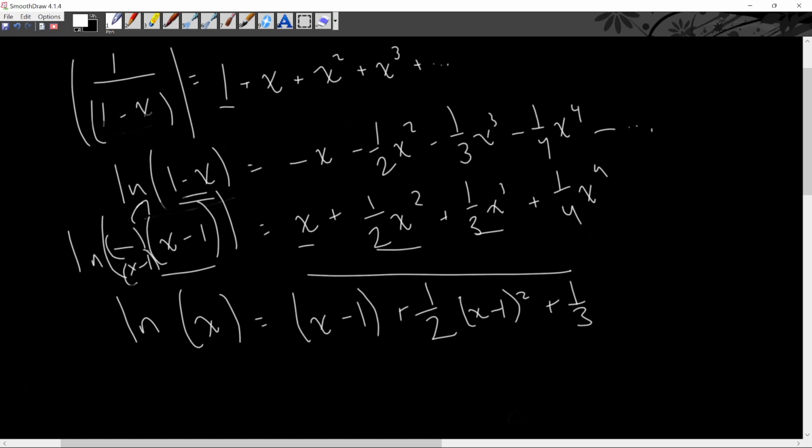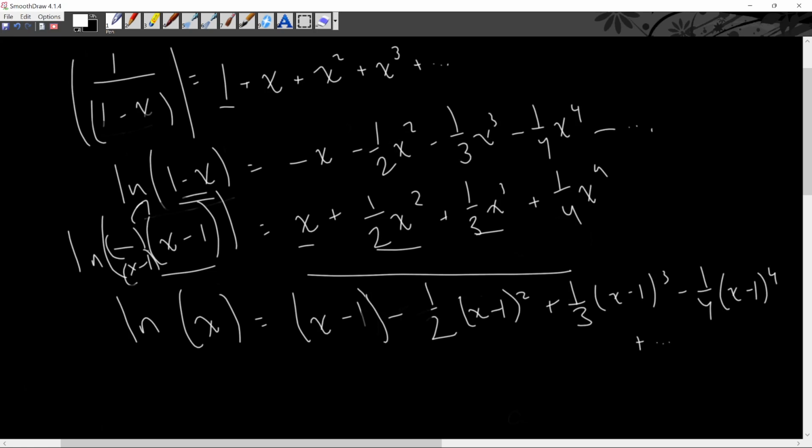So, this isn't correct. Oh my god. This is getting more and more complicated than it has to be. Something is clearly wrong because this is supposed to be an alternating series at the end. So you have negative 1/2 plus 1/3 x minus 1 cubed minus 1/4 times x minus 1 to the 4th, and on and on.